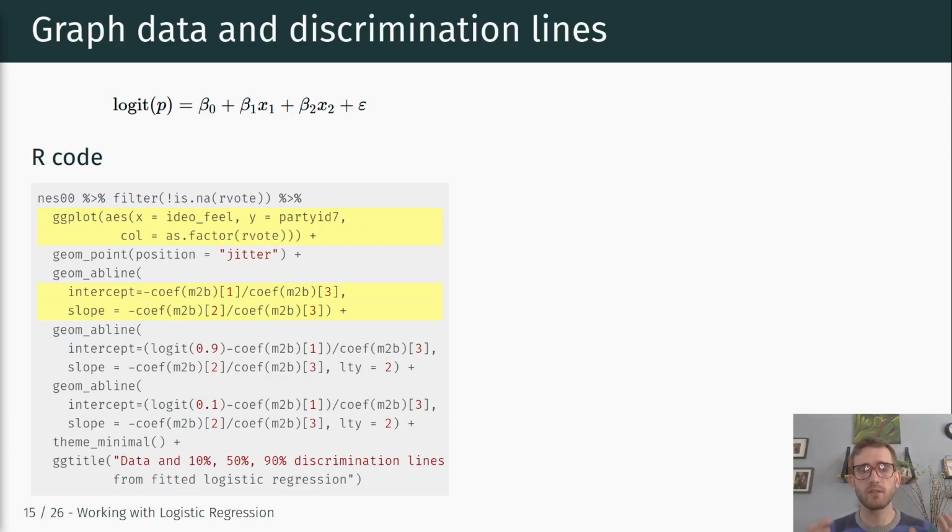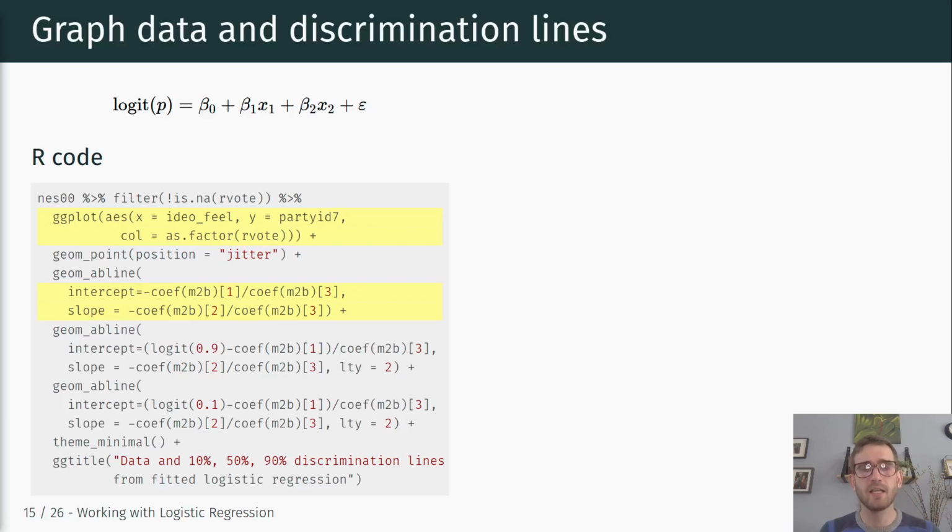We're directly plotting the raw data in a scatter plot with one predictor on the x-axis and one predictor on the y-axis. We're also going to color code whether each of those individual observations turned out to be a 0 or a 1, a Republican vote versus a Democratic vote. Then we're going to draw discrimination lines that indicate equal probabilities to vote Republican versus Democrat. We're going to see that in a second to make that more clear.